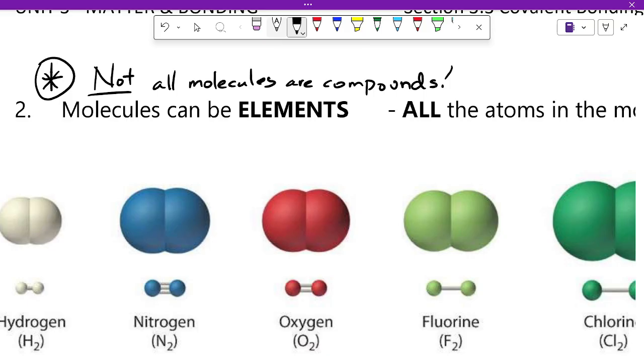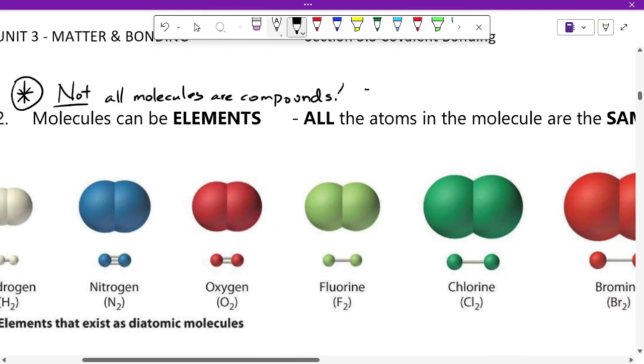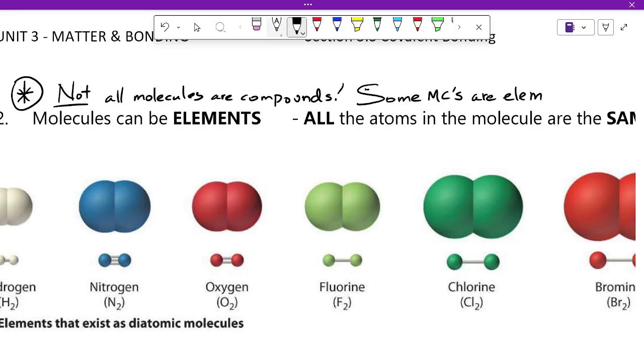Some molecules are elements. And that includes all of your diatomic elements. But the key thing is if they're elements, all the atoms are the same.